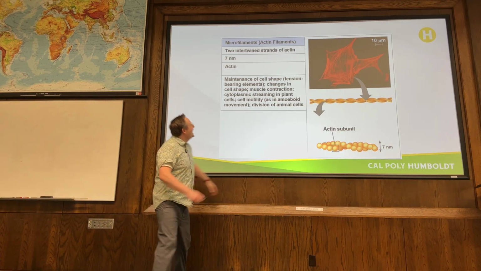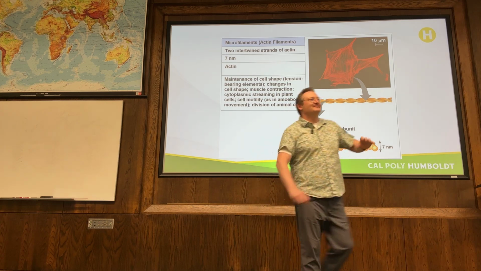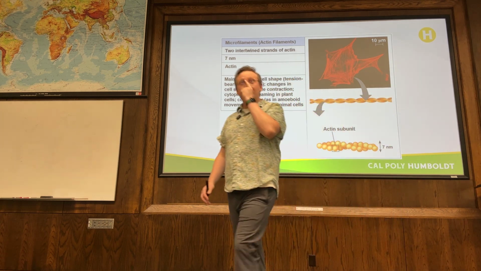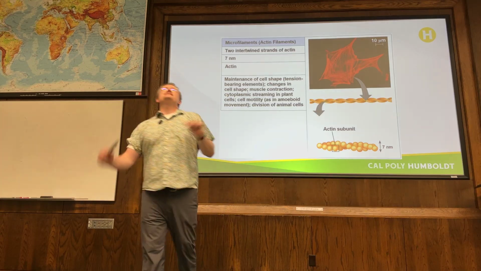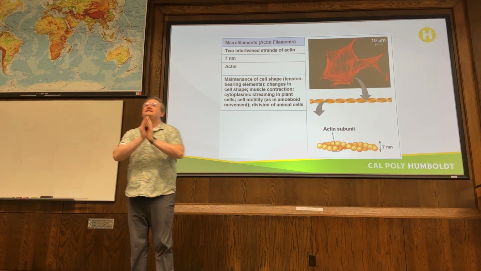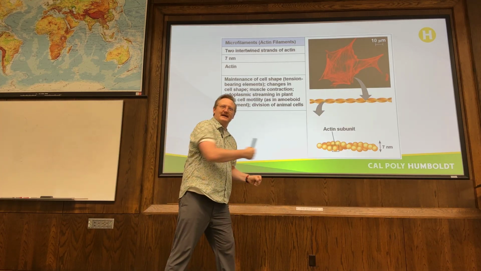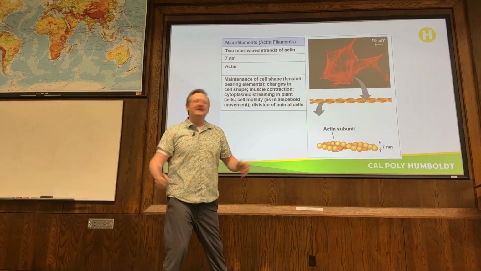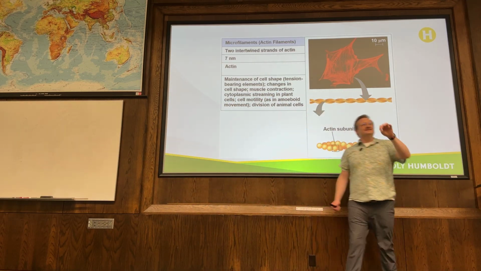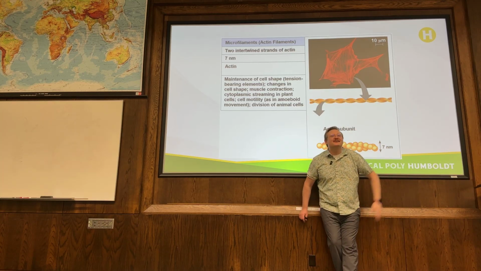All right, cool. So we finished talking about microtubules. Microtubules are hollow. Microtubules are really good for structural support. Microtubules are going to be incredibly important when we talk about cell division, because they are used to move chromosomes around. We'll talk about it quite a bit. But during cell division, all of these cytoskeletal elements are going to be important because they provide structure to the cell.